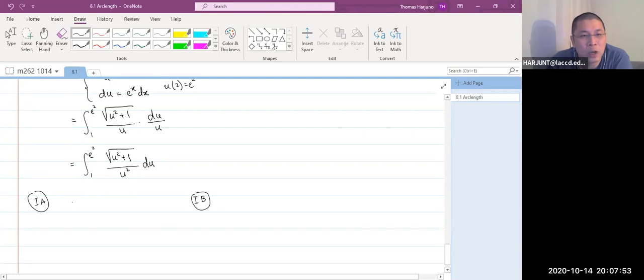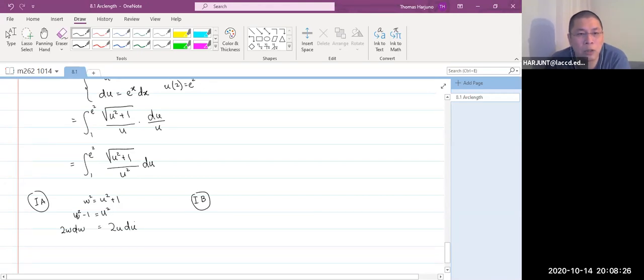Okay, the first one, 1a, I will use w equals u squared plus 1. So u squared minus 1. Oh, you know what? Let me make it w squared instead. So use w squared minus 1 equals u squared, and 2w dw equals 2u du.